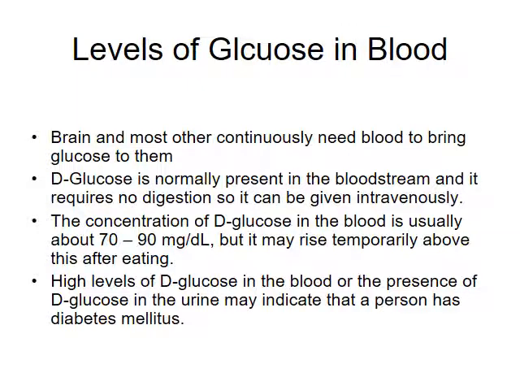Now let's talk a little bit about that. So, all right, your body has many organs, and all those organs need energy. And where they get the energy from is glucose.